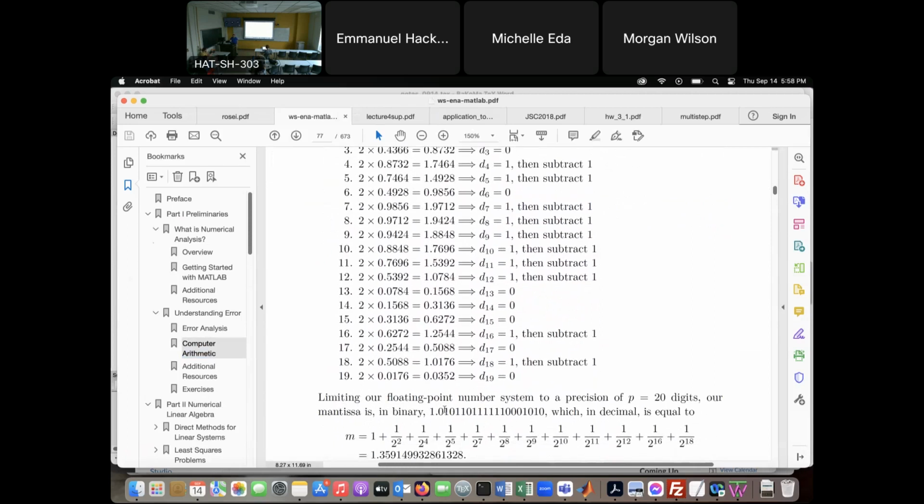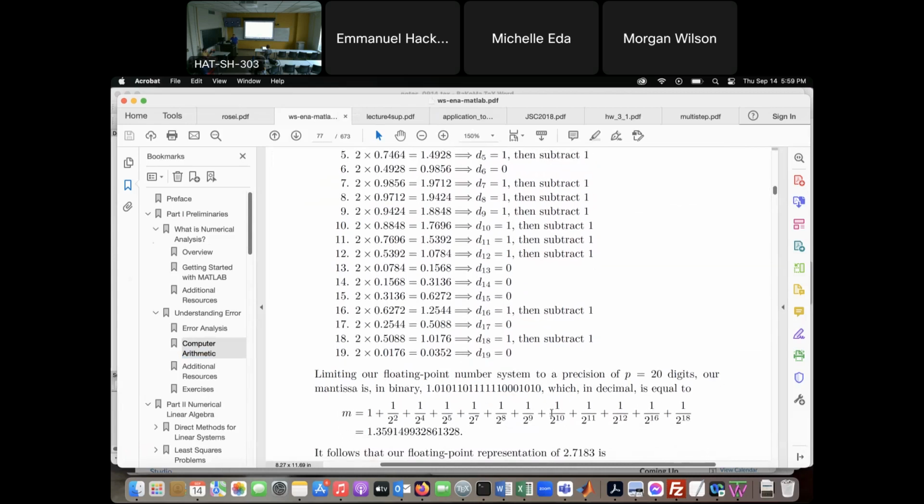And the end result is, this is my number if I go up to 20 digits in binary. And the way I get the value of this is, for each non-zero digit I have, I multiply it by the negative power of 2, or non-positive power of 2, corresponding to its position.